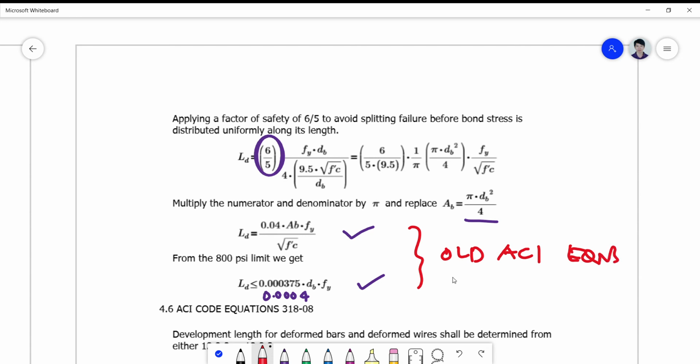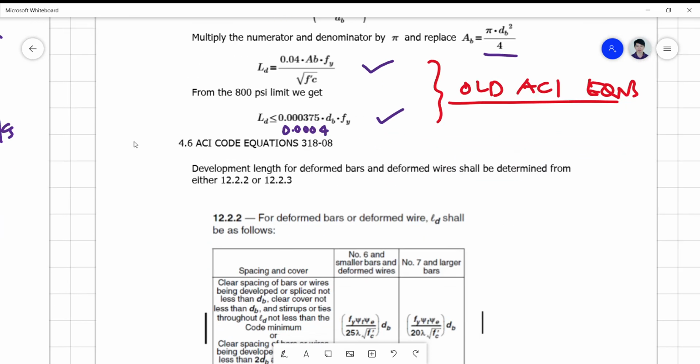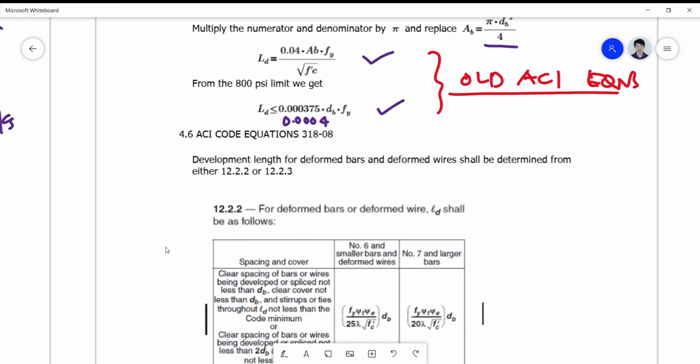But eventually in this lecture, I will be using the ACI 318-08 because it's not different from this formula here, but it's more complete in terms of the factors or the parameters concerned. Okay, so in ACI 318-08, two options may be used.